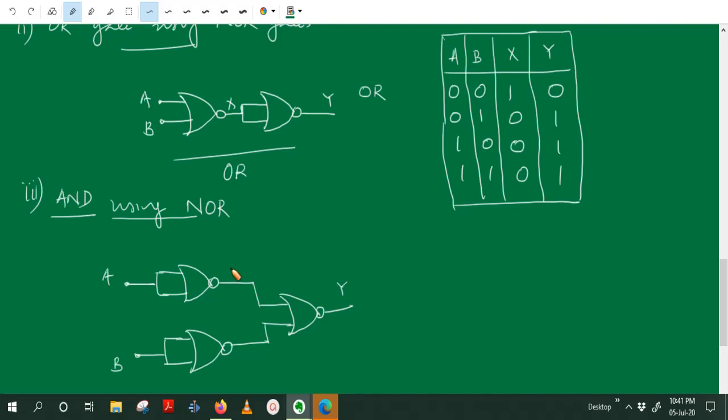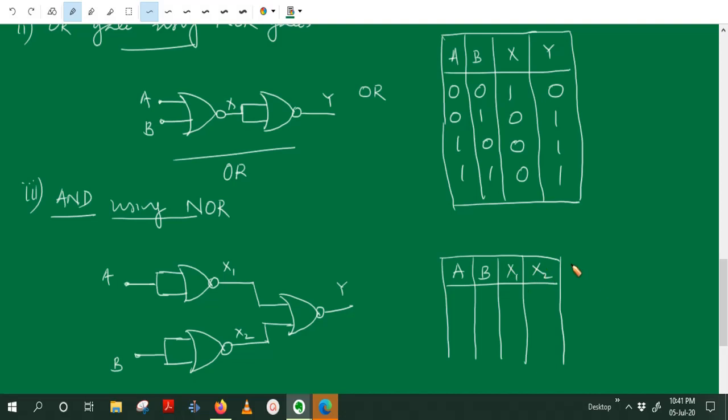Okay, so we can put this as x1 and x2, or we can verify that it works as an AND gate. So A, B, x1, x2, and first 0 0, A is 0, B is 0.